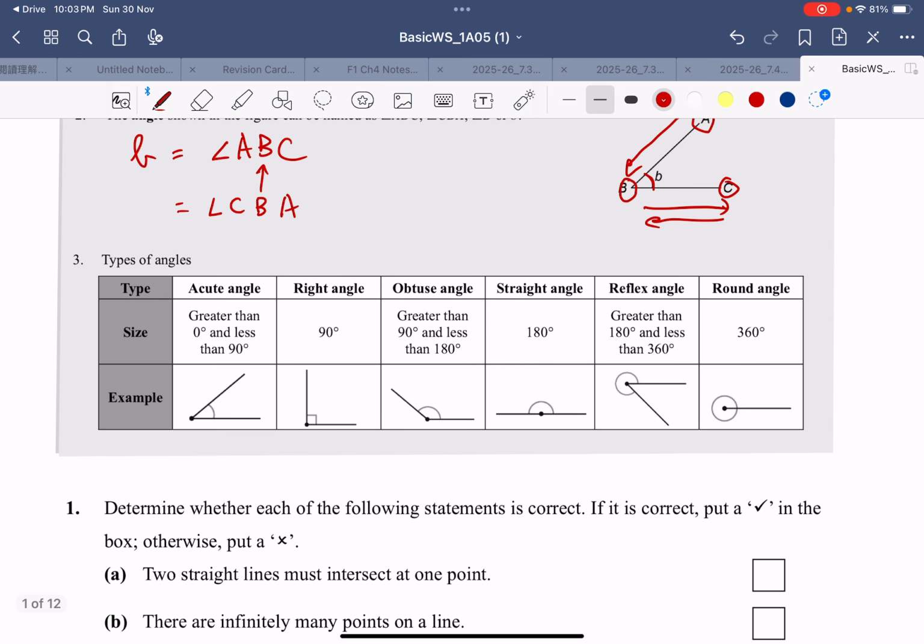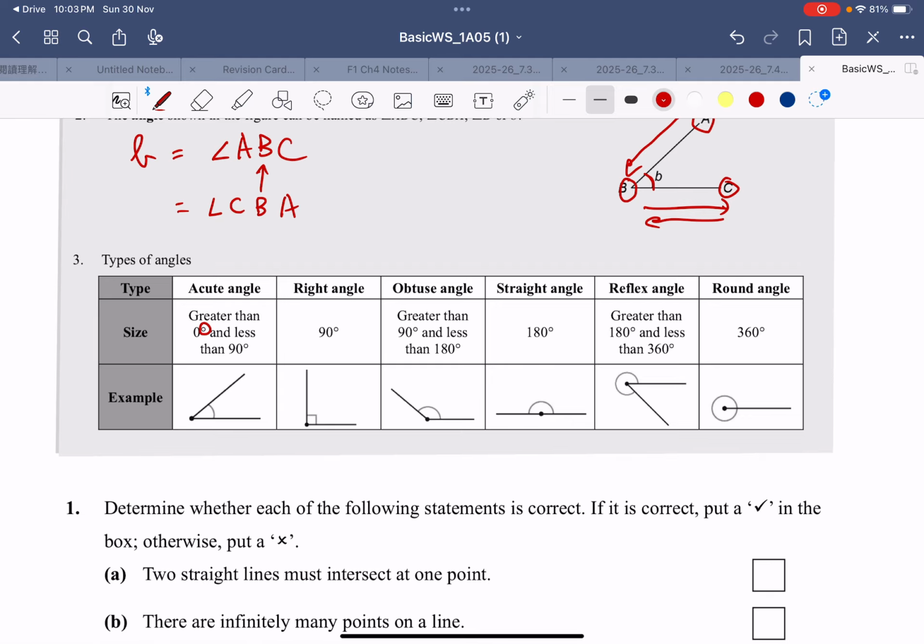Types of angle. We can classify angles by the size. You can use a protractor to measure the angle size, and the degree is the unit for angle. The small circle here is the unit for angle degree.